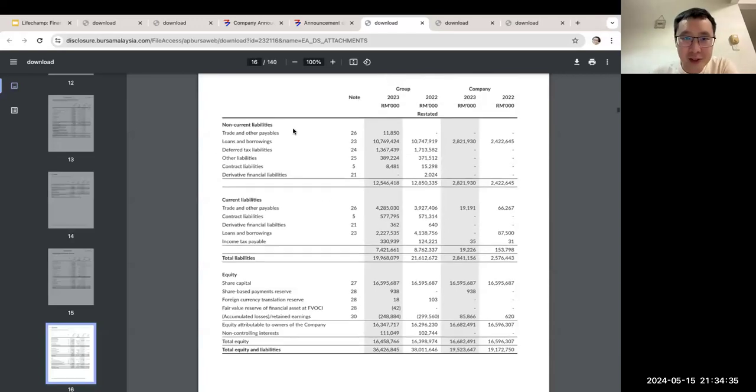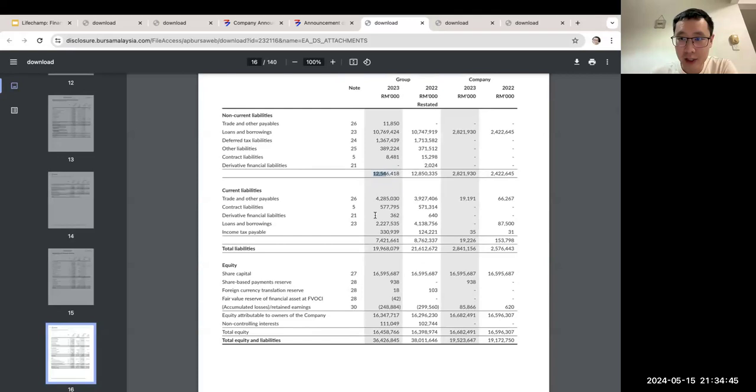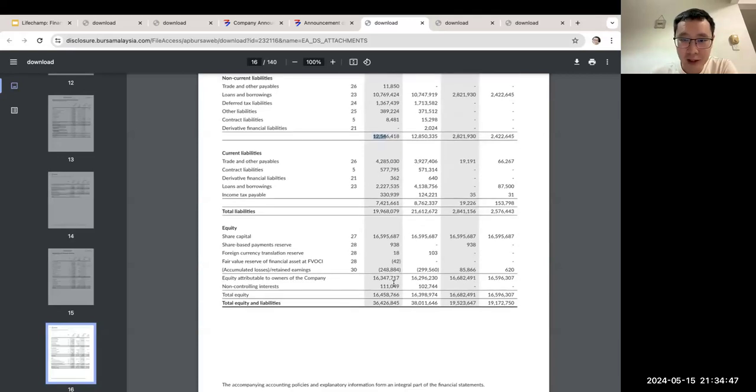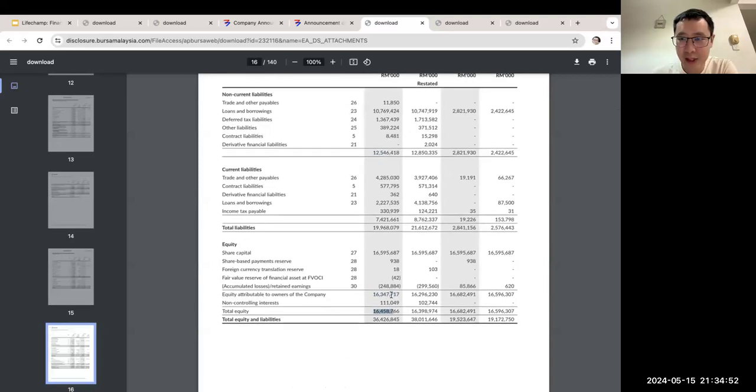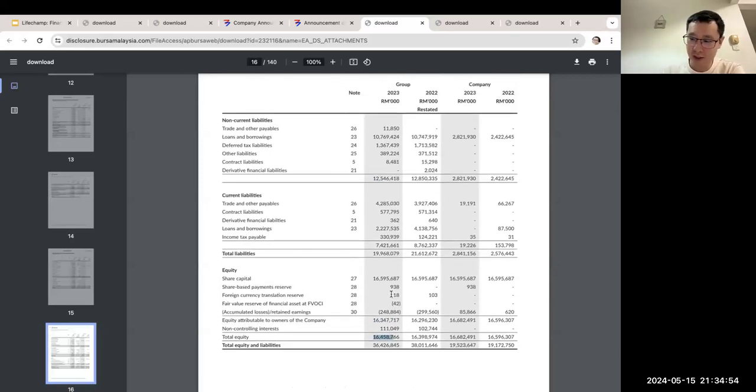Okay, so non-current liability. You see here, 12.5 billion, right? 12.5 billion ringgit is the non-current liability. Now, total equity is 16.5 billion. So what is the gearing ratio for this?